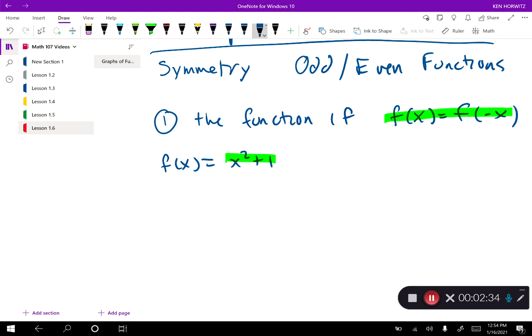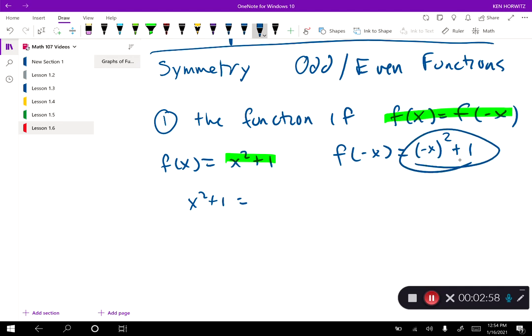So right now I have f of x, which is x squared plus 1. Now the question is, what is f of negative x? Well, remember my x is kind of like a parenthesis, and inside that parenthesis, instead of having x in it, I'm going to have negative x in it. Squared plus 1. And let's simplify this, and we wind up with x squared plus 1.